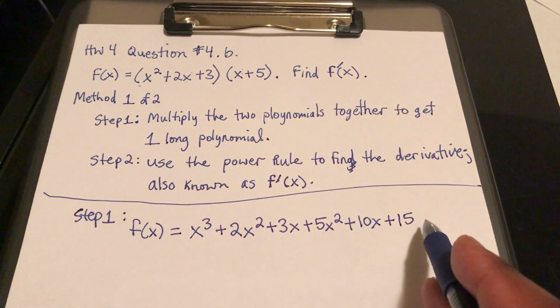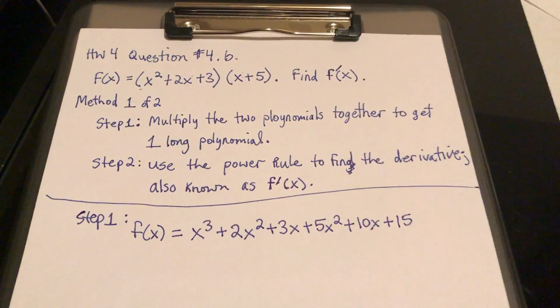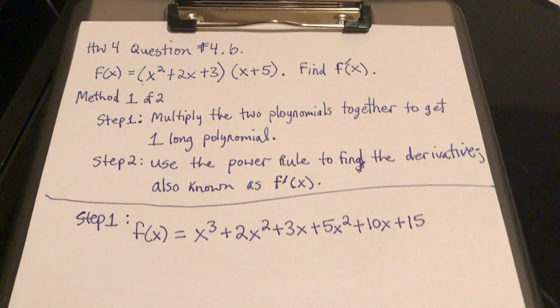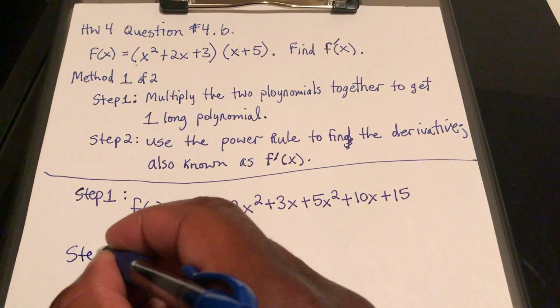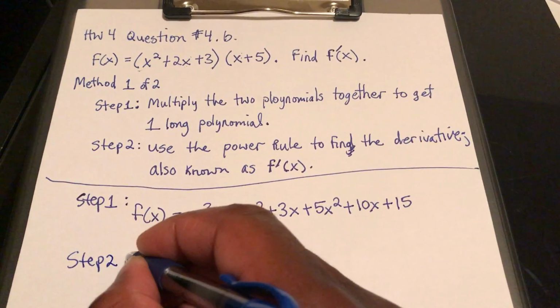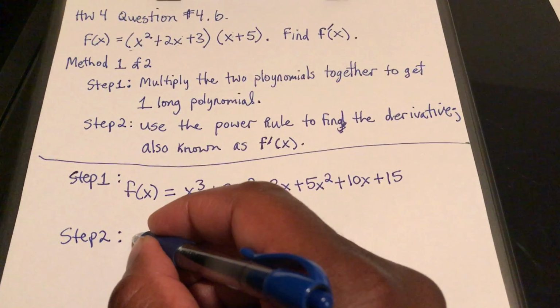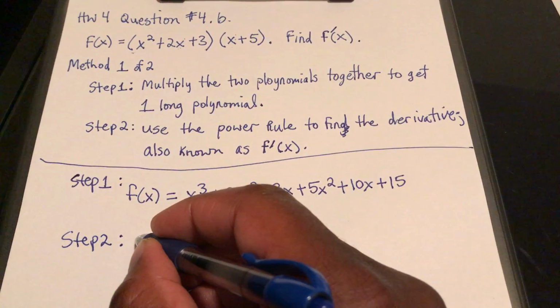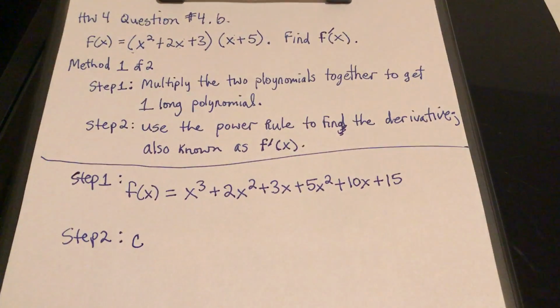All right, now we're going to go to step 2. Use the power rule to find the derivative. And if we need a quick review on power rule, step 2, power rule says that if you have a function, let's see, c, which represents a constant, it's just a number.